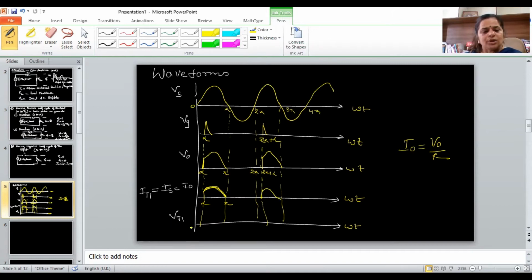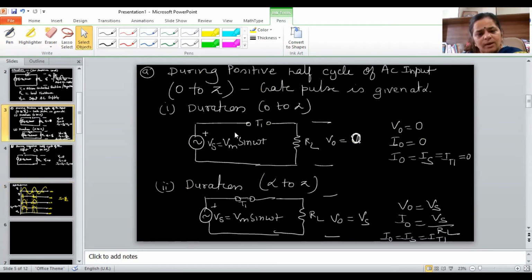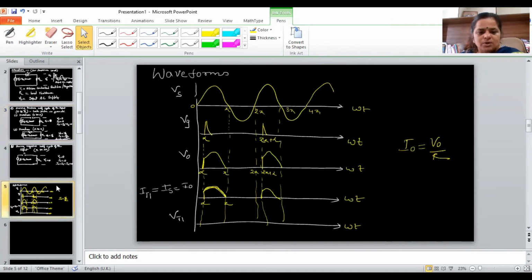Now, when I plot VT1, meaning the voltage across SCR1, you see, when the SCR is conducting, the voltage across the SCR will be 0, and for the rest of the duration, whatever the supply voltage will be there, the voltage across the SCR will be the same. So that means except the conducting duration of the SCR. What is the conducting duration of the SCR? That is alpha to pi.